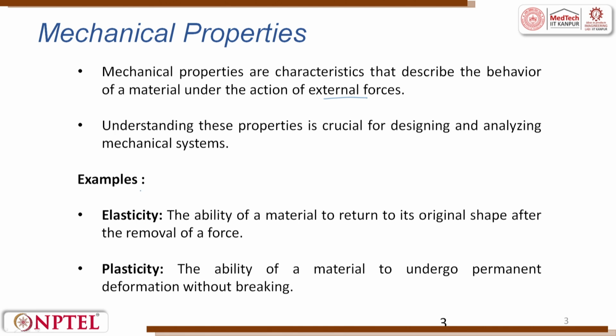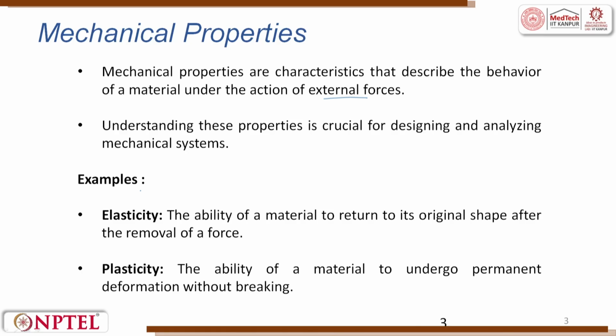Elasticity means the ability of a material to return to its original shape after the removal of force. For example, you press an eraser and then you release it, it comes up. You press a cushion, you apply a compressive load, once you release the compressive load, it comes back. That is called elasticity.